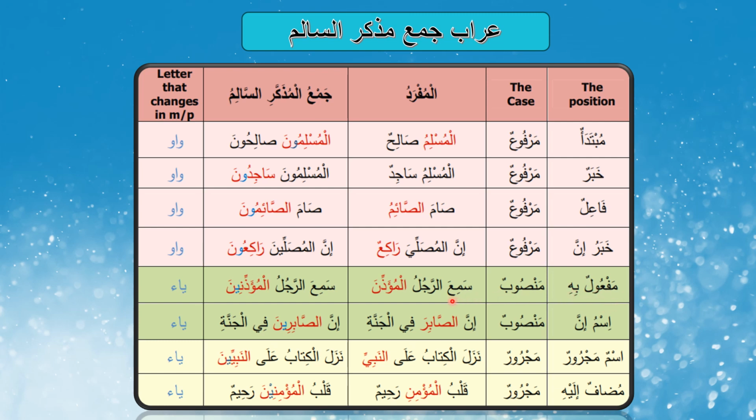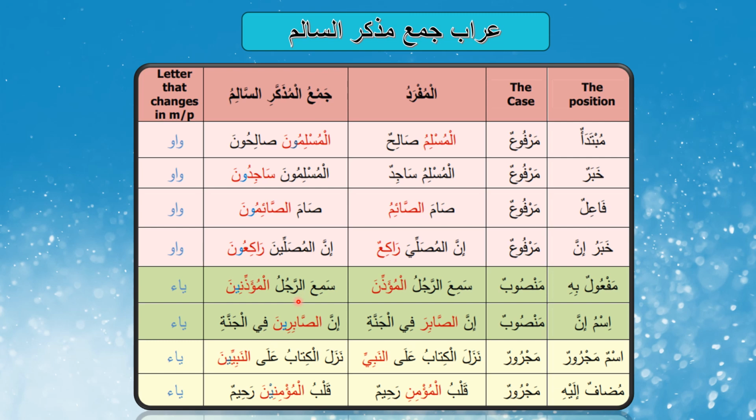Sami'a ar-rajulu al-mu'adhdhina means the man heard the mu'adhdhin, the one who gives the adhan. Sami'a ar-rajulu al-mu'adhdhinina. You could make ar-rajulu plural as rijal, but it has not been changed because the plural of rajul is rijal, which is a broken plural.